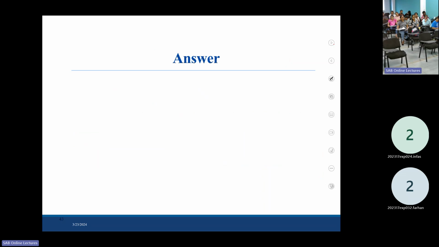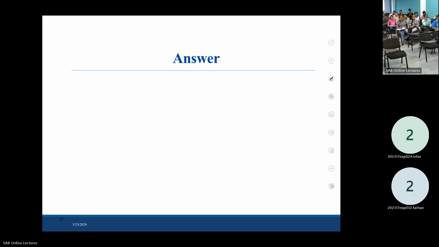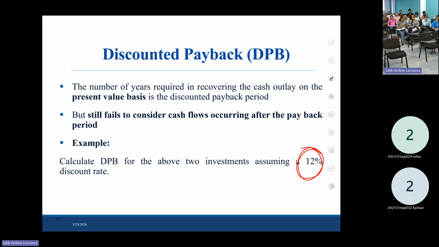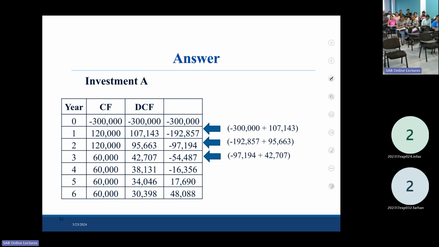You can calculate the discounted payback period based on the 12% discount rate, the cost of capital, which is given. So what you have to do is convert these non-discounted cash flows.